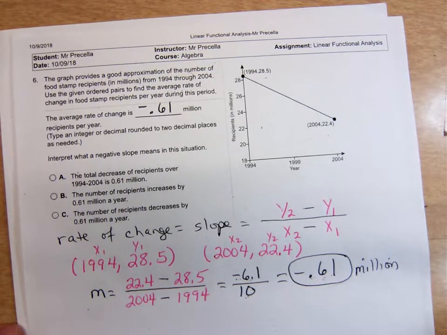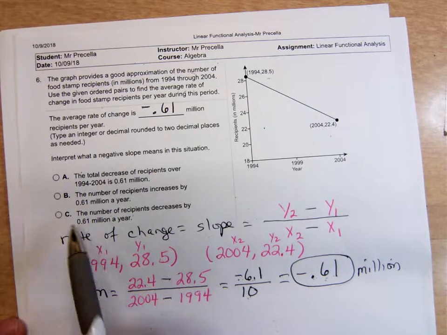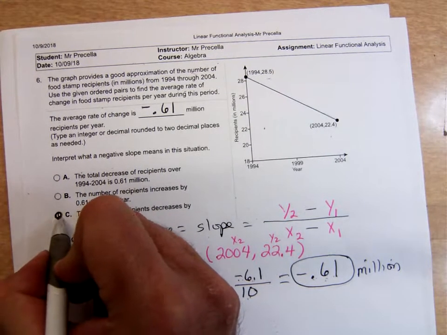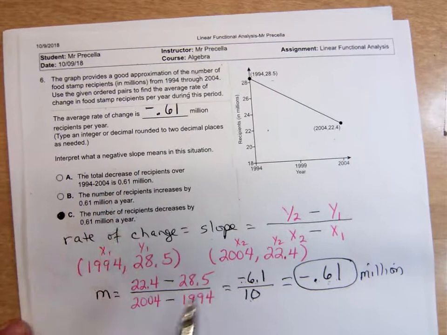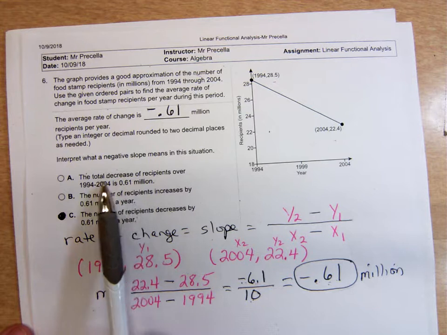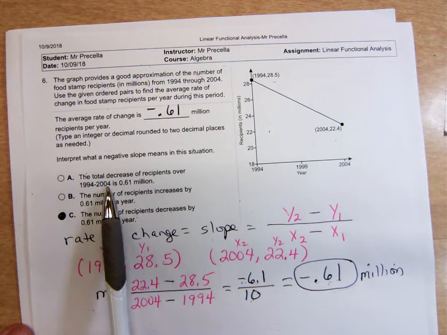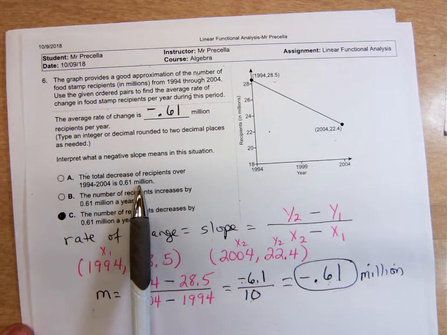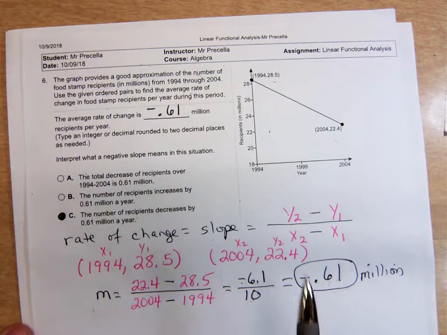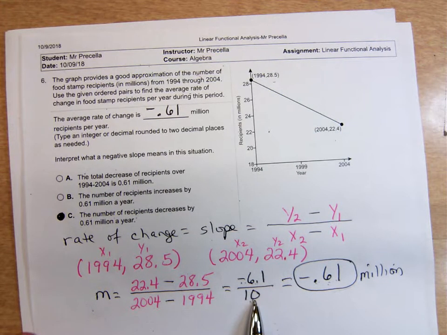The number of recipients decreases by 0.61 million per year. The answer would not be part A, where it says the total decrease of recipients over the 10 years is 0.61 million. No, it was decreasing by 6.1 million over the 10-year time period.